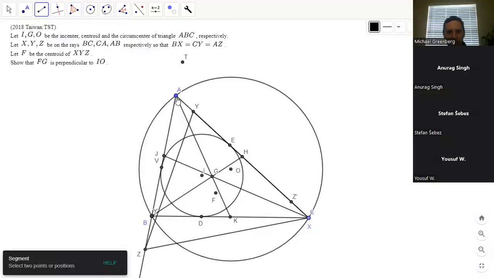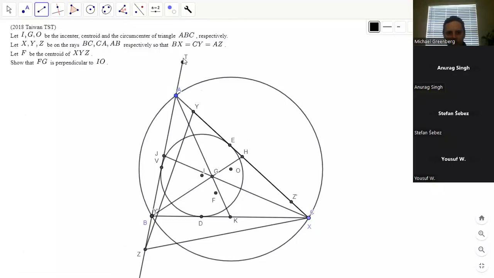Okay, so did you say TF is perpendicular to OI or TY? TY is perpendicular to OI? Okay. So let's check that.